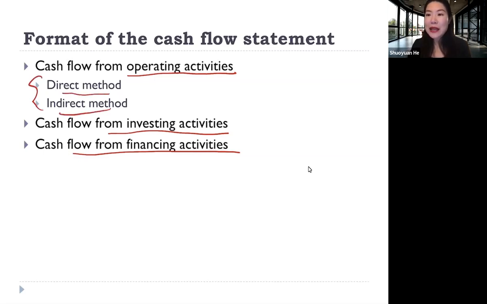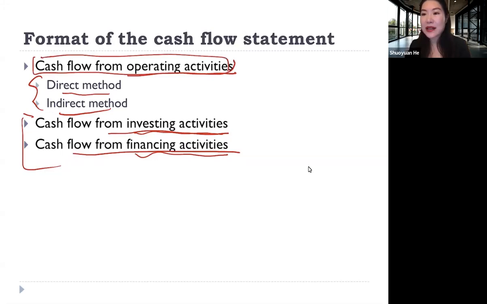One thing to pay attention to here is that no matter direct method or indirect method, your cash flow from investing activities and cash flow from financing activities sections are exactly the same. The only difference between those 2 methods is in the cash flow from operating activities section.